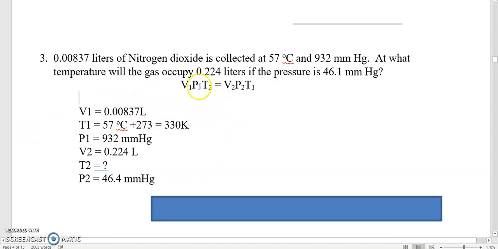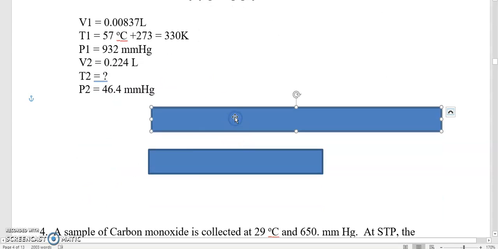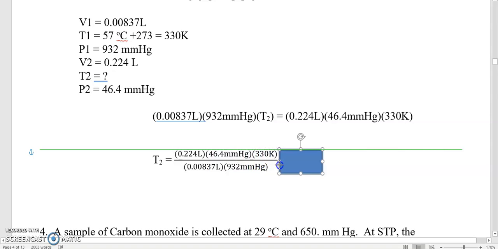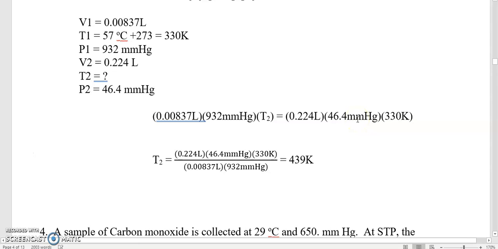All we have to do is plug it into our equation, and since all the units match up, we're going to keep it the way it is. It's going to look a little bit like this. And to isolate T2 on its own side, I would have to divide by these two units, and now they're going to be below on the right side. Your answer is going to look like 439 Kelvin. So that's going to be your answer for this problem.